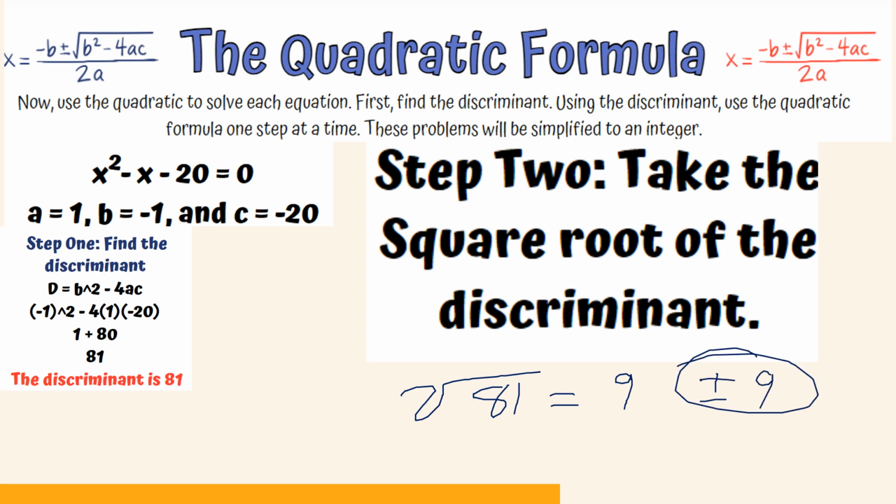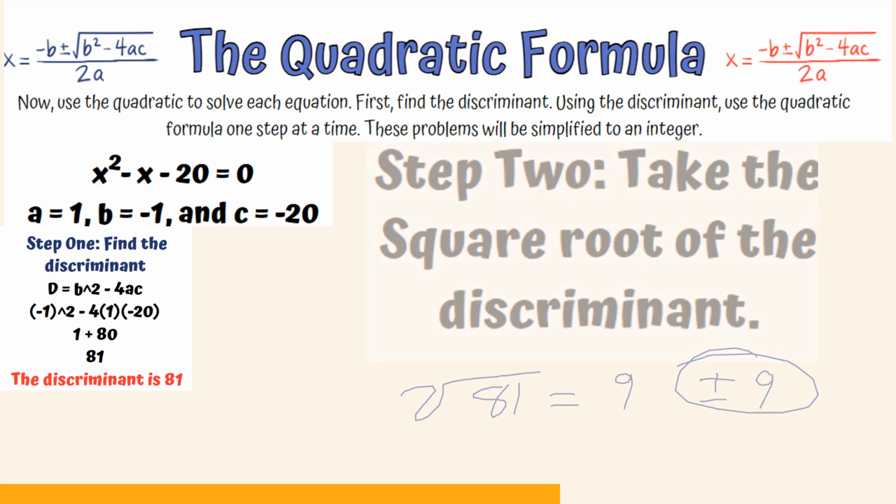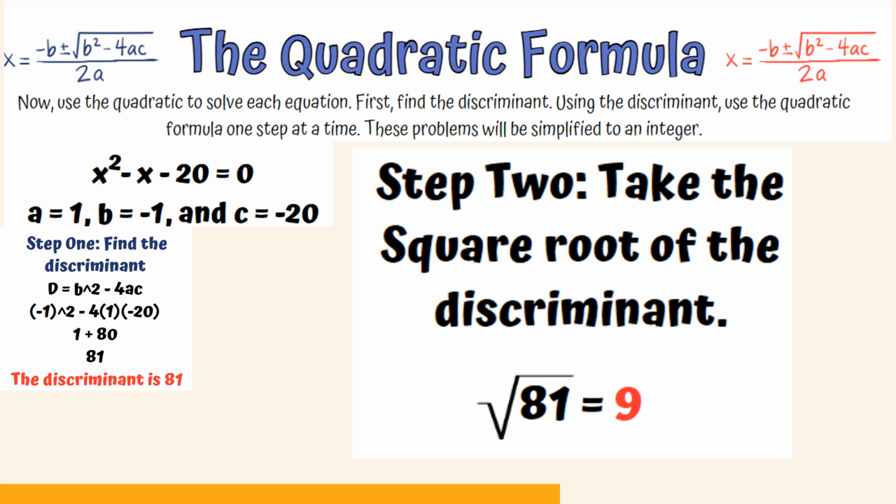It's a more exact answer, plus or minus 9. So we've got our square root, and we said that's plus 9 or -9. What's our step 4? Or step 3, I'm sorry. Step 3? Yeah, step 3.